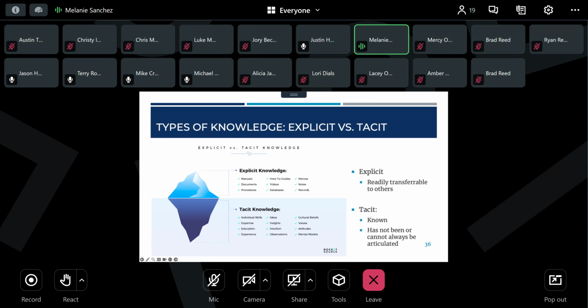And then there's truly tacit knowledge that's actually incredibly difficult to articulate and much less easy to transfer to someone else. An example of this kind of knowledge is how to ride a bicycle, right? It's really hard to articulate because it's gained from the comprehension of different elements and situations.